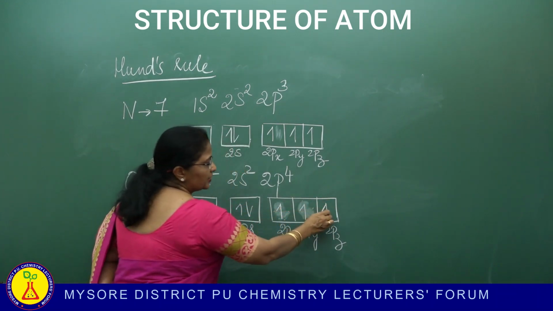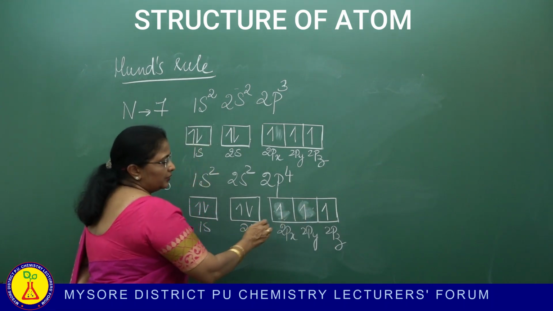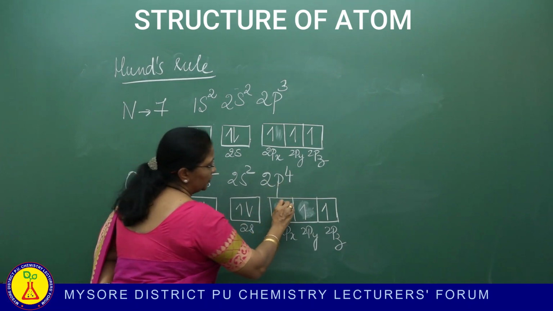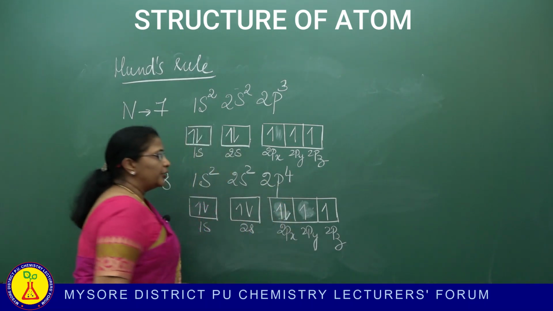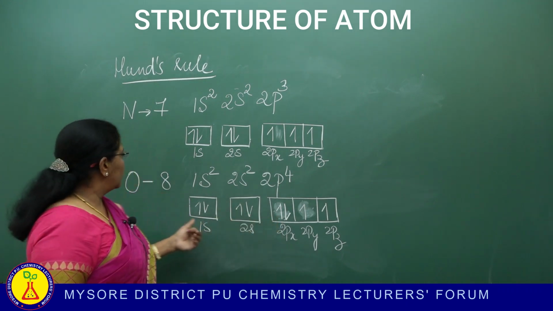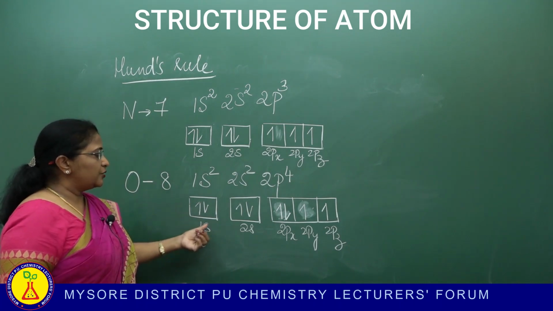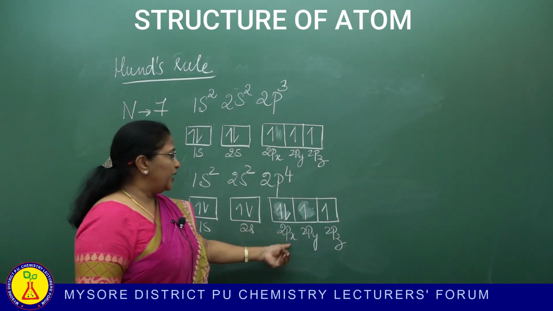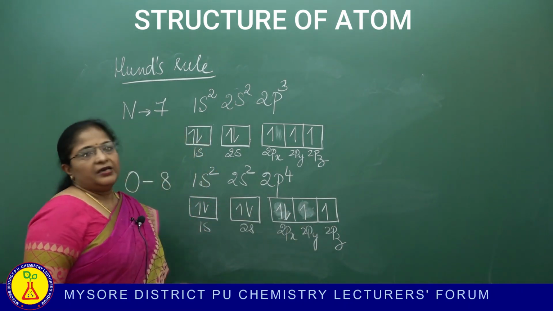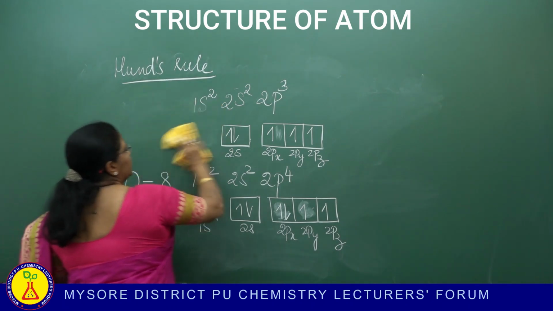Now the 3 orbitals have each been given an electron, so we are left with 1 more electron that is going to pair up with the first orbital. So the electronic configuration of oxygen becomes 1s2, 2s2, 2px2, 2py1, and 2pz1.